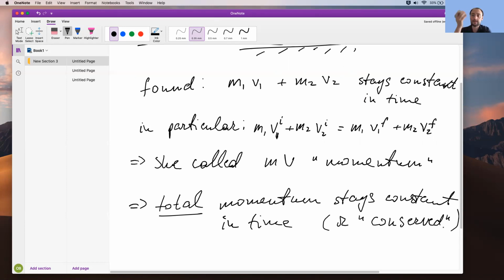This idea of some abstract quantity staying constant in time while things that we can see, like velocities, are changing, that's actually a hard idea. When I taught Physics 121 for non-engineering students, they found it really difficult to digest because it's kind of an abstract quantity. What's this quantity?